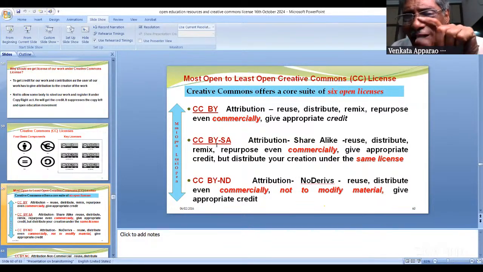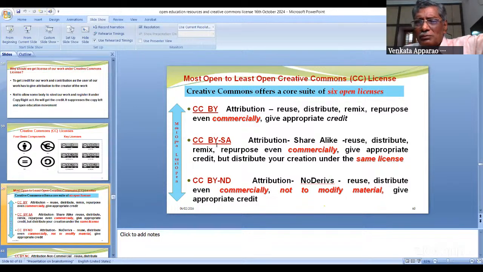Share alike means if you modify, if you remix, if you revise, the revised edition, you have to register based on the original licensing only. You cannot again license it under somebody else's name. That is the meaning of CC BY-SA.